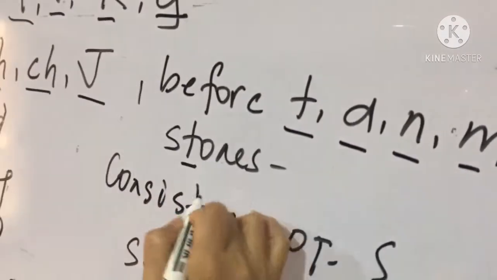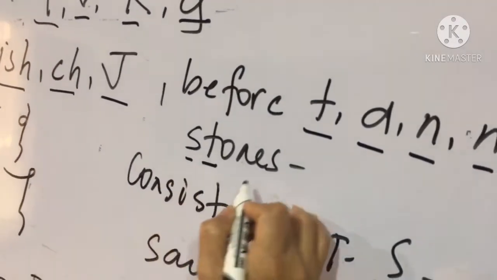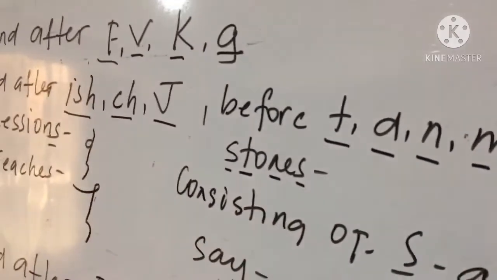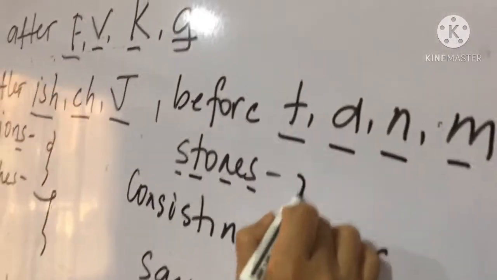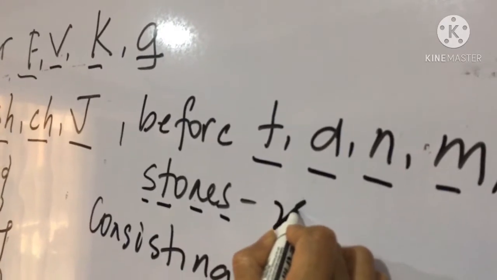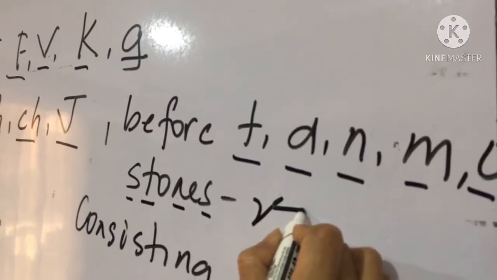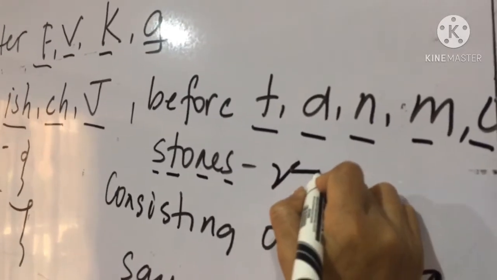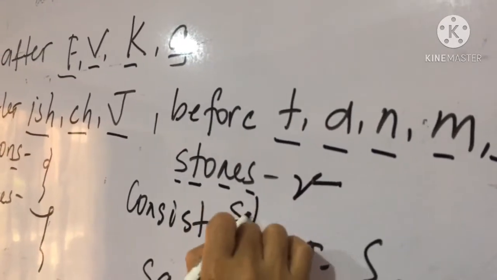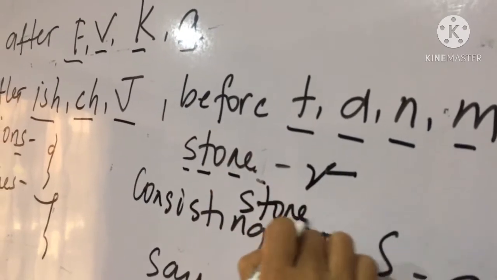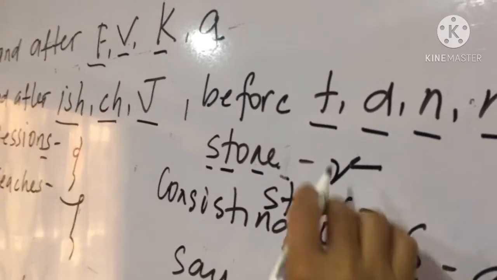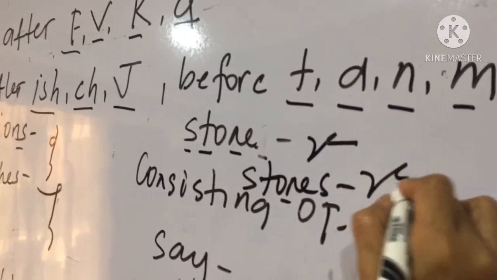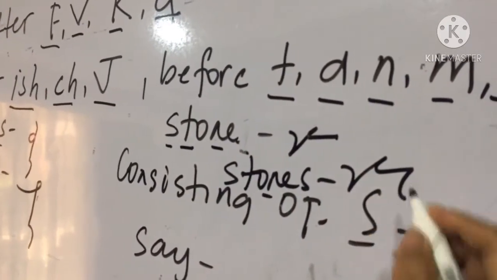Before the T, there's an S, and after the N, there's an S. So you have to use the right S. So we have right S, T, then O. Our principle: when the O is joined to a straight stroke, the O is written on each side. Then stones, there's an S after the N. Before T, D, M, O, therefore, you have right S, T, O, N, and left S.